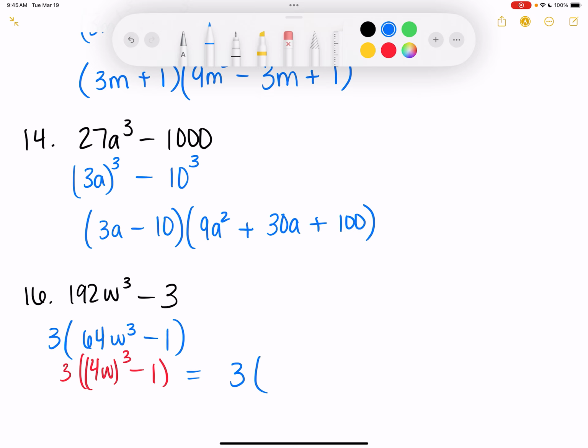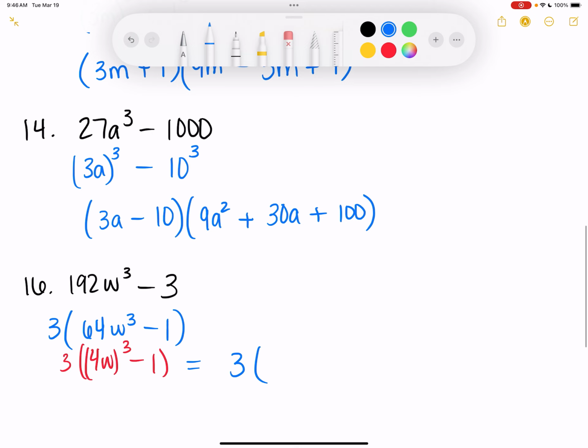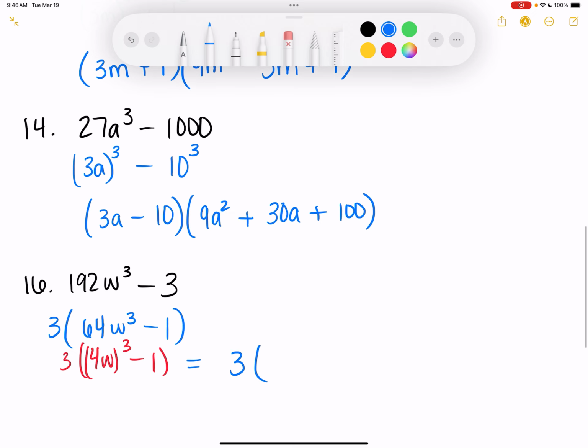So what would I have here? What goes in the first parentheses? First thing squared. So 64. Oh, 4w. Look up here. The first term was 3a, the second term was 10. I wrote 3a and I wrote 10.